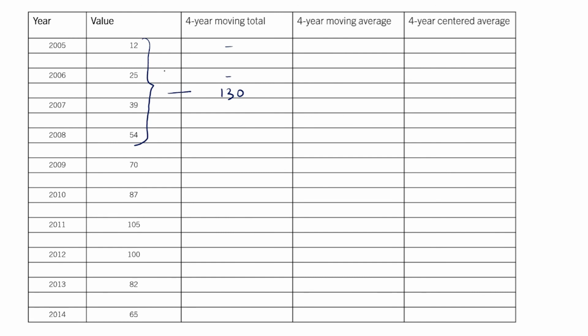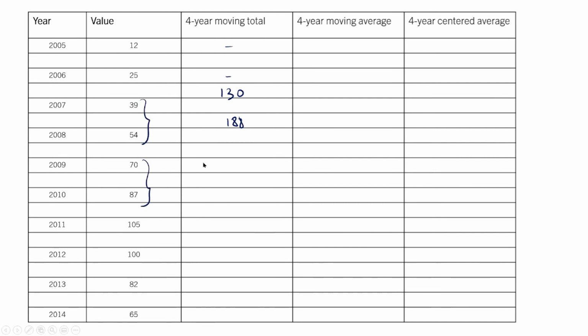130. Then the next 4-year moving total, we have to write here, adding the 2 above and the 2 below. So 25 plus 39 plus 54 plus 70. So it is 188. And for the next 4-year moving total, add the 2 above and the 2 below.